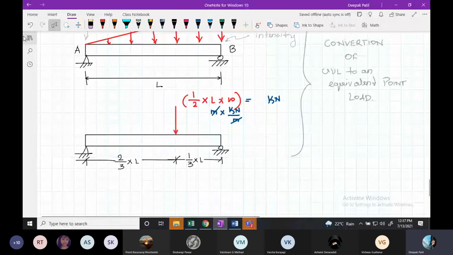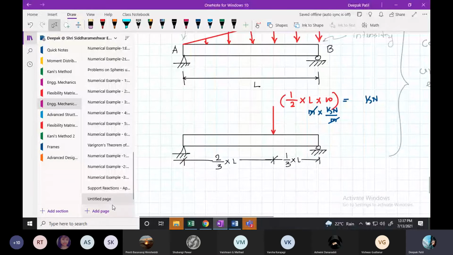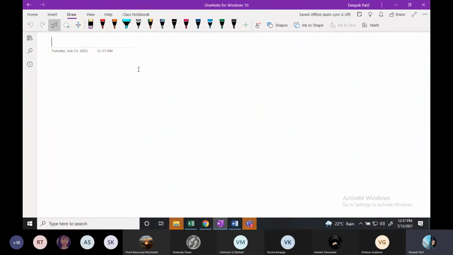Once this is done, let me take one very simple numerical example and tell you what will actually be done. Numerical example 1, on support reactions.